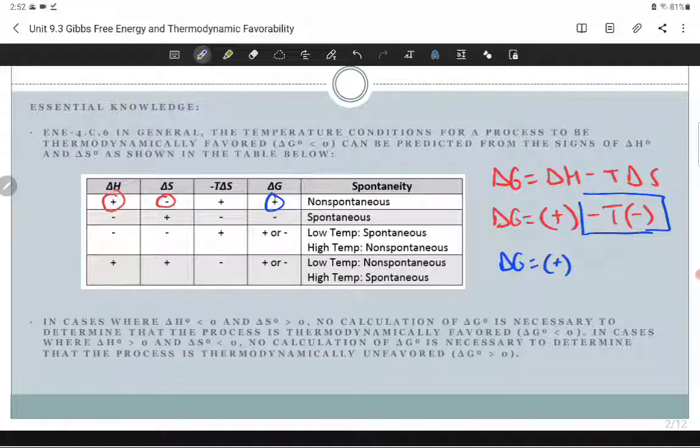And if you get a delta G that's positive, that means the previous word that we used to like was non-spontaneous or spontaneous. Now we like not thermodynamically favored or thermodynamically favored. So this is not going to happen on its own. Of course, this isn't a reaction, but I think you'll understand what I'm talking about.